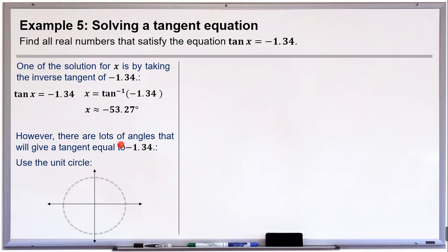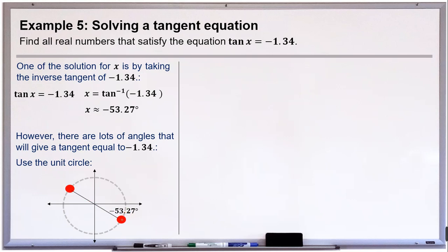So we will refer our analysis to the unit circle. The quadrants that will give a negative tangent are quadrants 2 and 4. So the tangent here is negative.